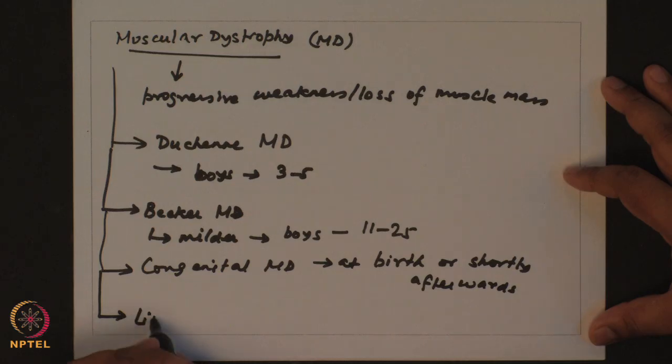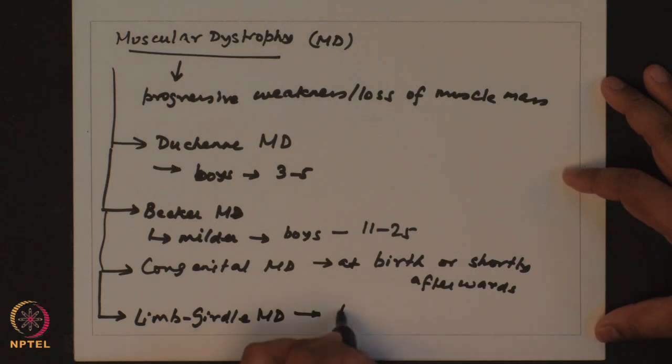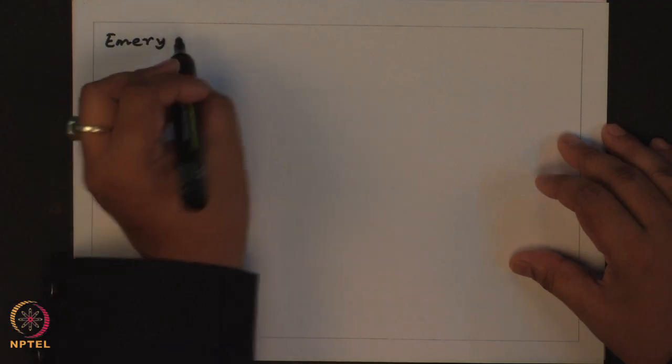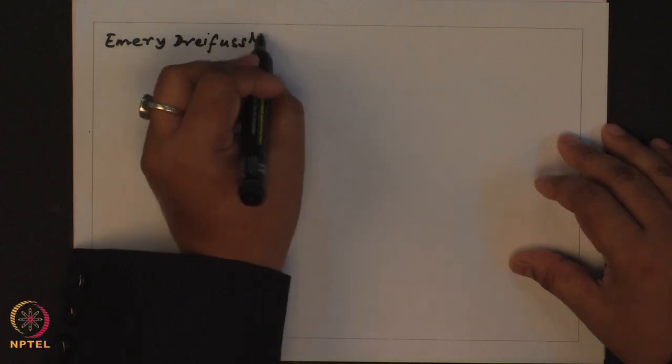You have limb girdle muscular dystrophy. Typically it starts in a person's teens, roughly age 20s. Okay. So, there are various other muscular dystrophies, including Emery-Dreifuss muscular dystrophy.